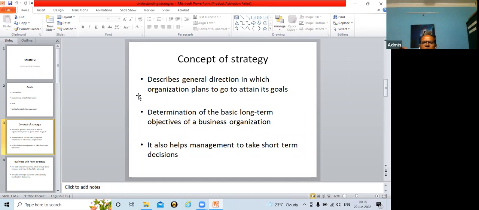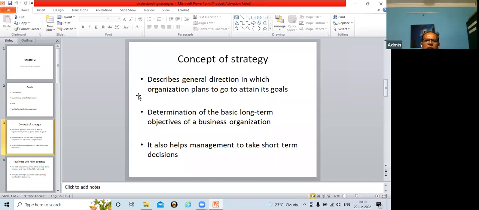Strategies are developed by top management and implemented with the help of middle level and lower level management, because they are the only people who are working at floor level.